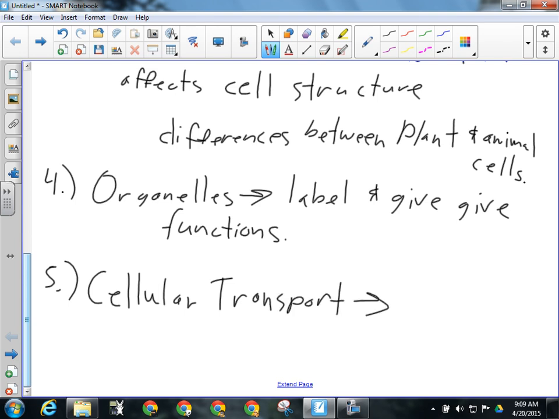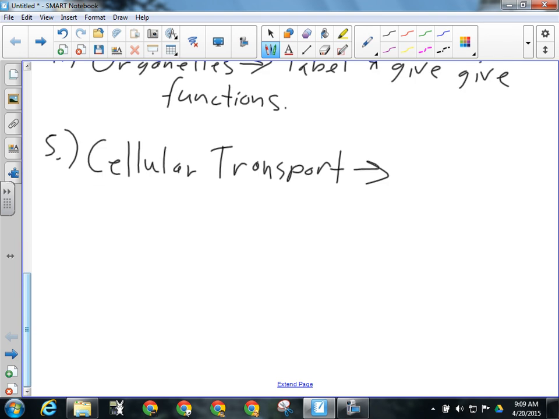Cellular transport. Especially the big 3. All right, so that means diffusion, osmosis, and active transport.